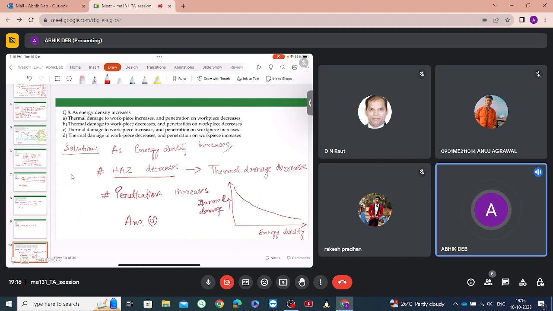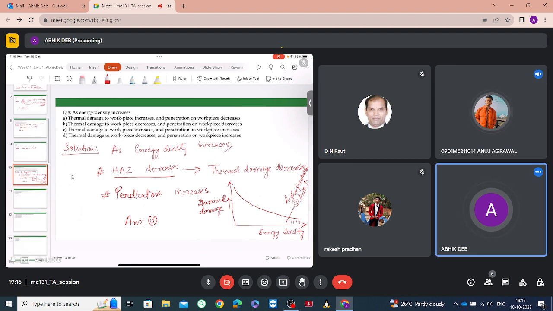And towards this section you will get higher penetration. And since there is higher penetration and lesser thermal damage, the surface finish will also be better in this region. Okay, so is it clear to you? Yes, sir. Very much clear, sir.